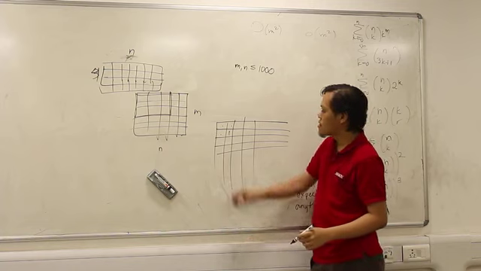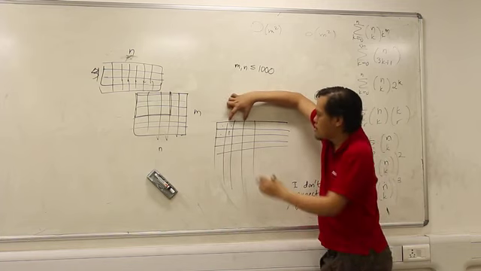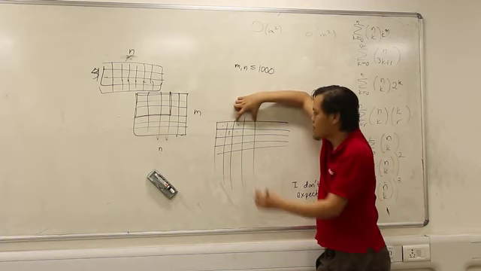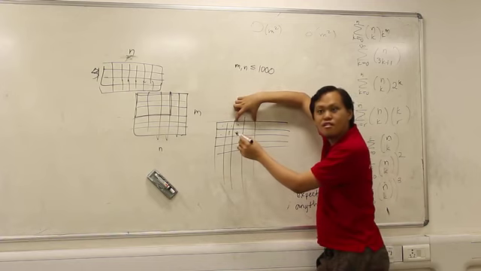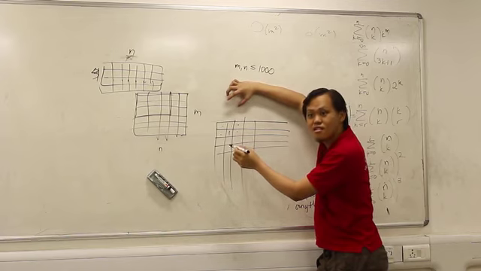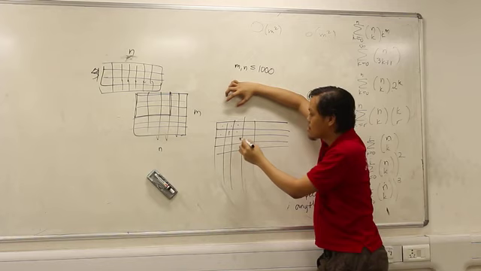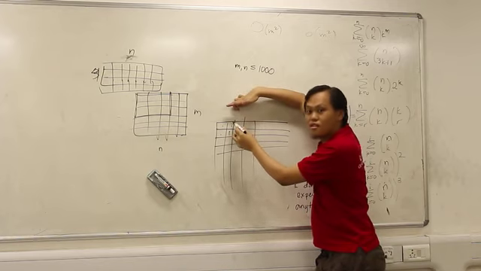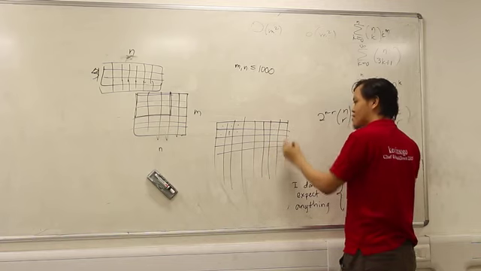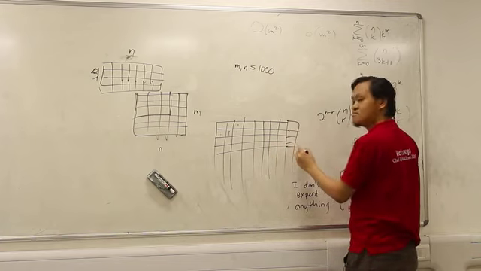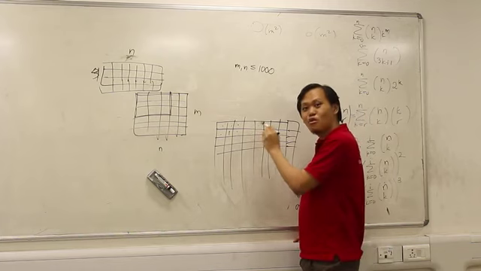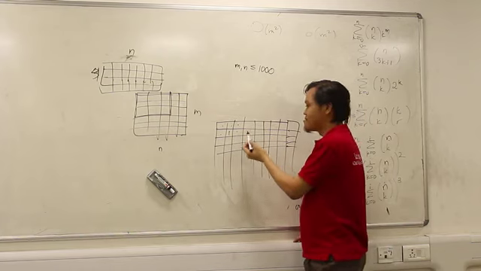Now, let's try to look at this subgrid. Of course, this will be zeros. And now what about this subgrid? The next one. Look at this subgrid. So what do we get when we do that? There's exactly one here, right? But we don't know where.